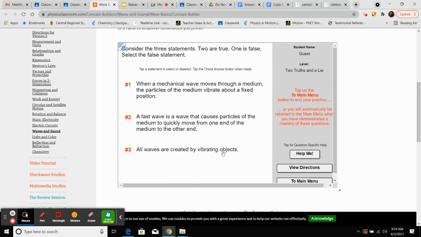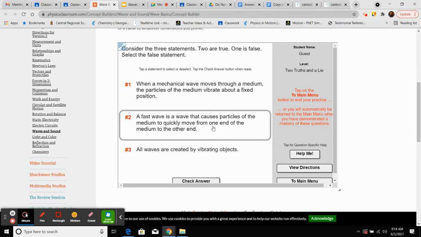All waves are created by vibrating objects. That's 100% true. A fast wave is a wave that causes the particles of the medium to move quickly from one end of the medium to another. Not sure. When a mechanical wave moves through a medium, the particles of the medium vibrate around a fixed position. This is going to be the lie, and the reason is because of the way this is worded.